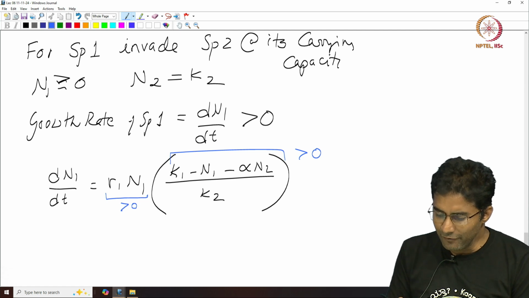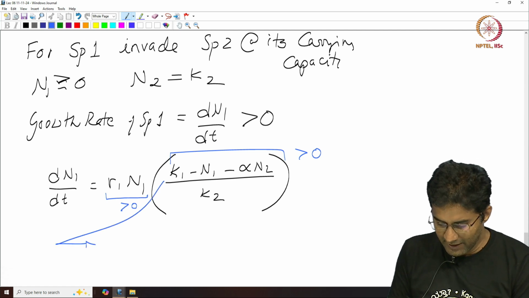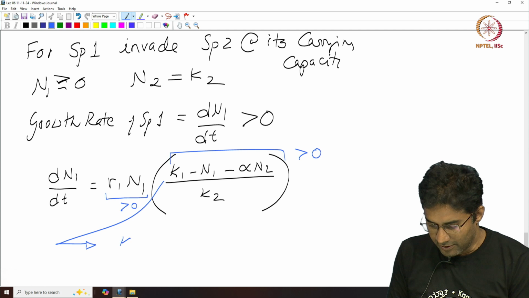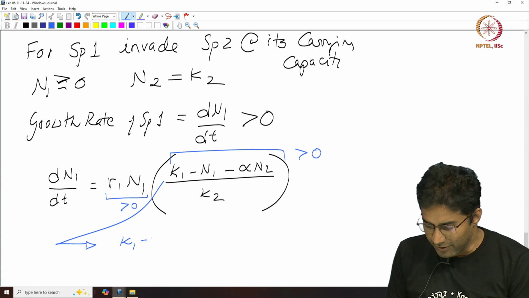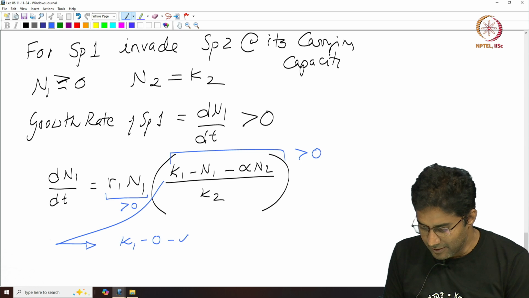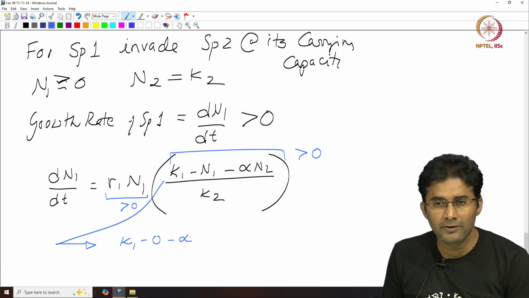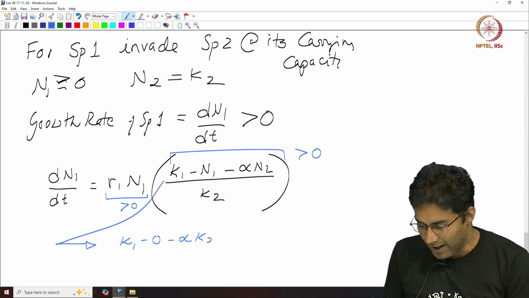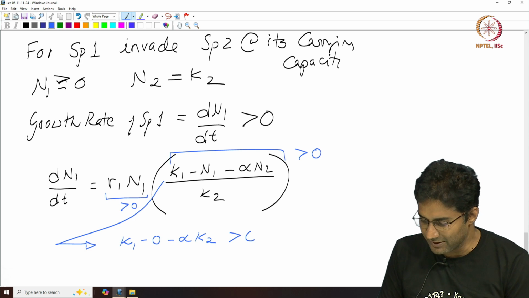So, I can write down this numerator as follows: K1, I can ignore N1 because it is really close to 0, and then I can write K2, N2 as K2. But this has to be now greater than 0.